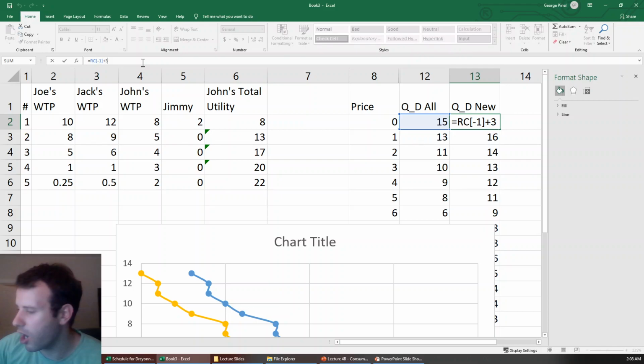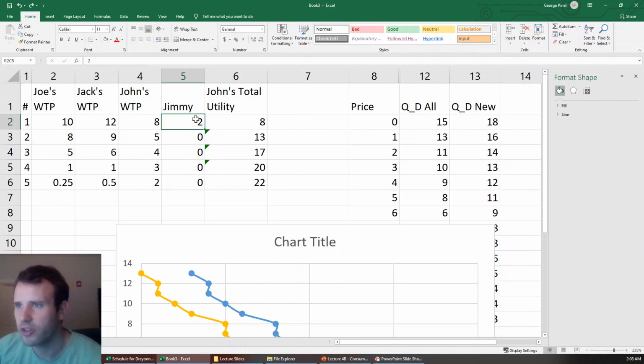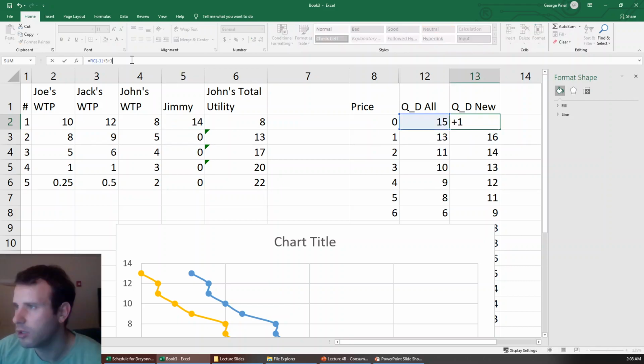Let's make it, instead of $2, let's make it $14. So Jimmy's willing to pay $14 for the first hot dog and no dollars for the next hot dog. So what happens? The quantity demanded now increases by 1.